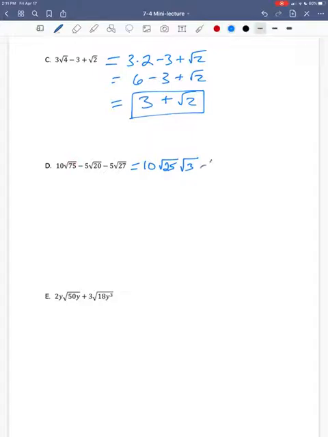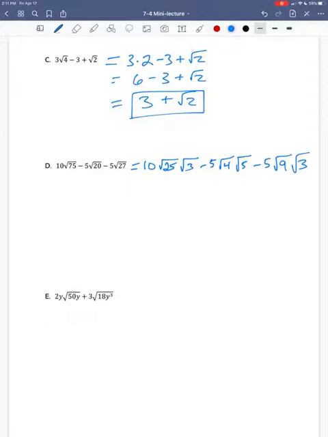So my second term, the 5 just goes along, and now I'm going to try to get two square roots. They need to multiply to be 20, and I have to take the square root of one of them. Well, I think 4. I can take the square root of 4 and then 5. And then here, same thing with the 27. I think I can do 9 and 3.